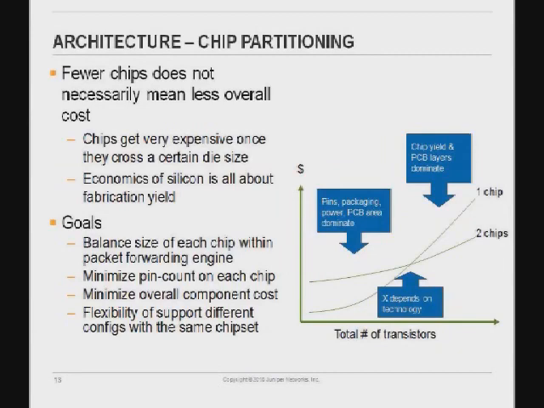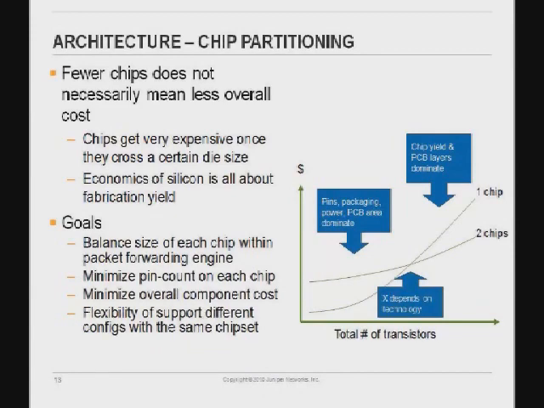That's because the chips get very expensive when the die gets big. Every generation it's slightly different, but if the die gets big, the defect density goes up, and if you have a bigger die, you may not get any good chips from that. And that's why the cost increases exponentially once your chip grows beyond a certain size.